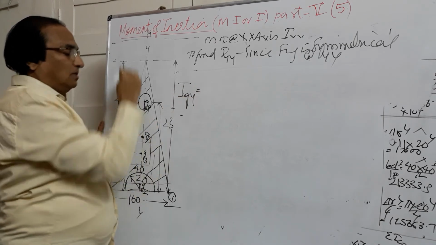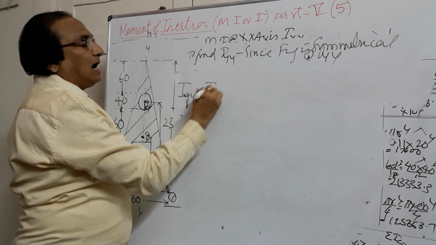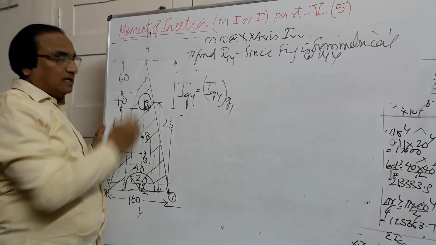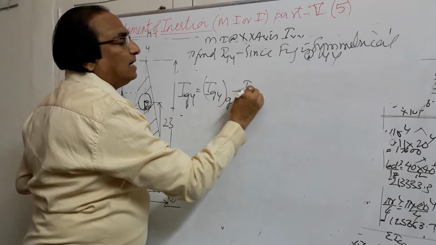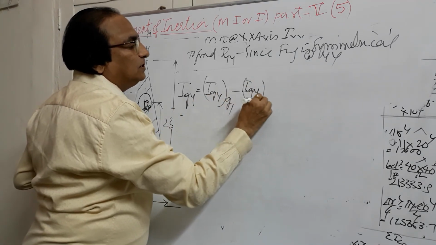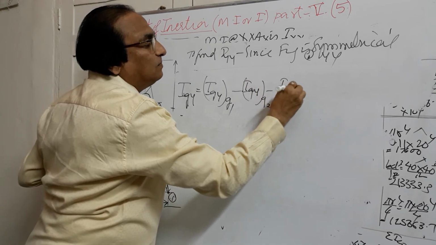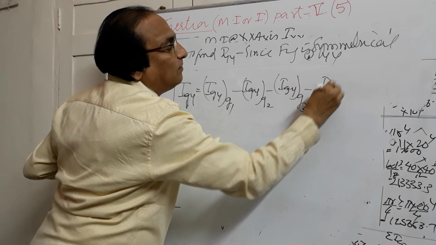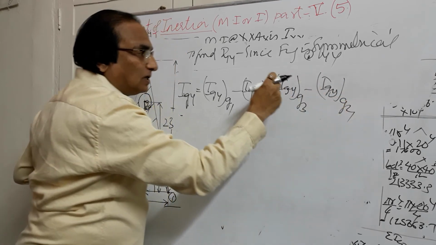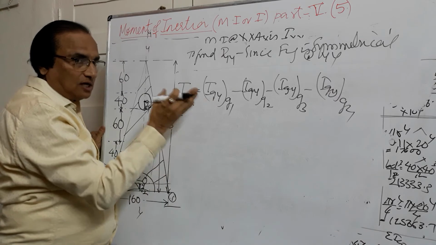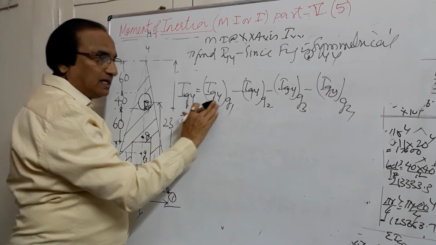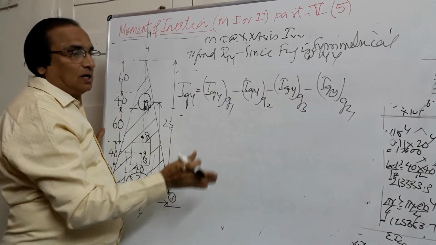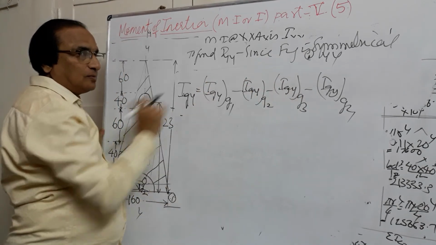So this will be equal to, first is a triangle, IGY of G1, then the rest are all deductions, minus IGY of G2 minus IGY of G3 minus IGY of G4. See, whatever we have done in the table, how many additions and how many deductions, same is to be done here. G1 is the major figure, other three are the deductions. What is done in the table, same has to be done here also.